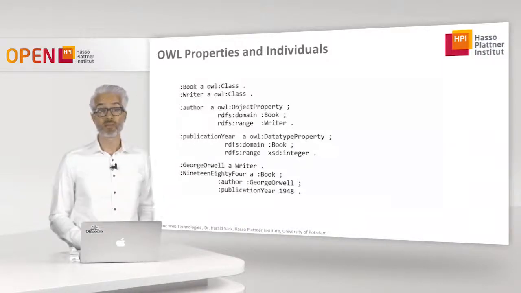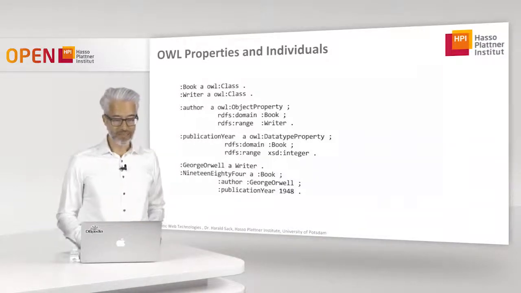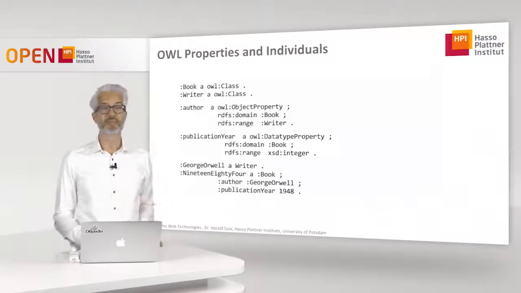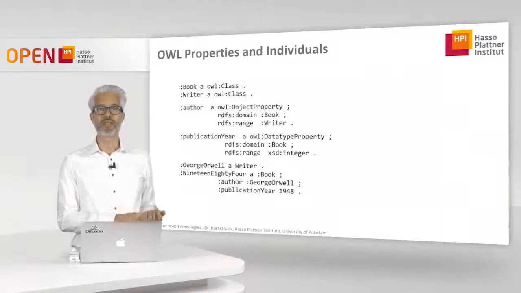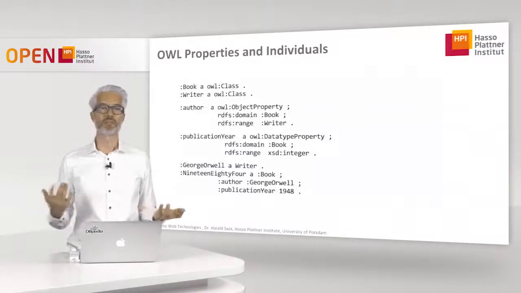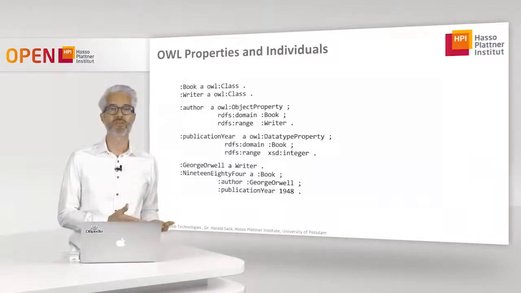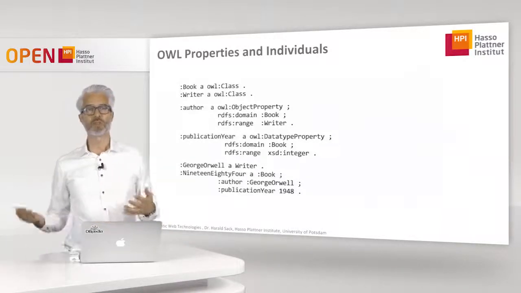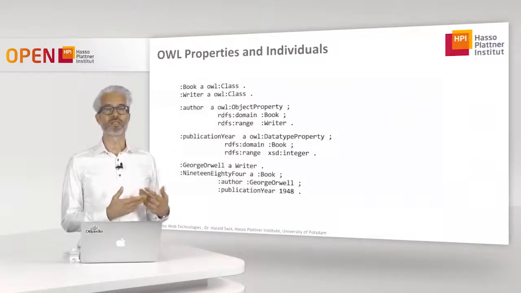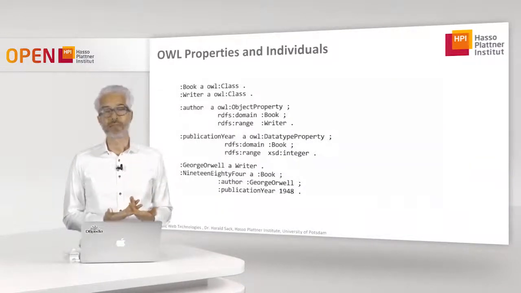If we take everything together, we have here a nice example. So for example, we define simply book is a class, writer is a class, and then I define author as being an object property which has the domain book and the range writer. And then I define publication year, a data type property which has the domain book and is applied on the range integer. Next, I define individuals.